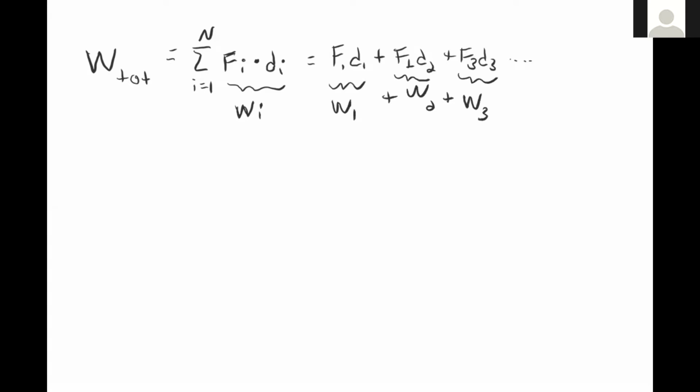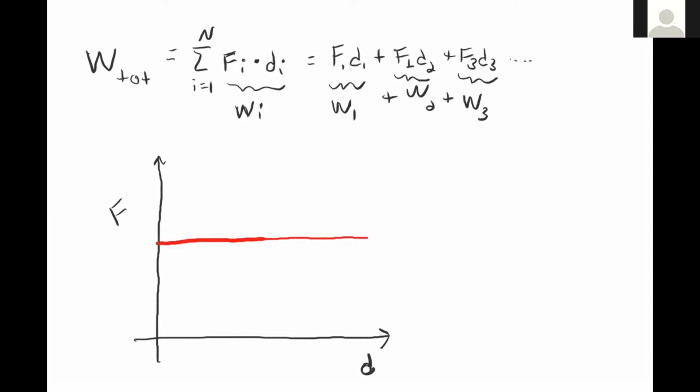So when we have a constant force that we apply over some distance, we do work, okay? And so if we have a graph here where distance is on our horizontal axis, force is on our vertical axis, if we apply a constant force over some distance, this is what the graph looks like, okay?